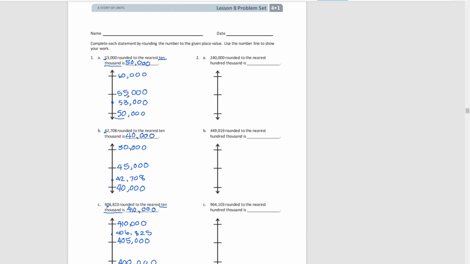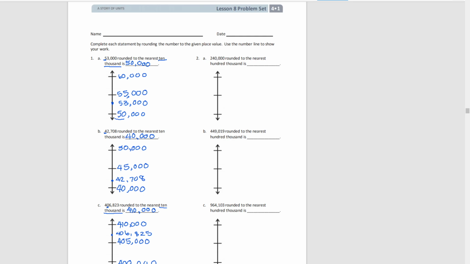Okay, we're going to go back to the top now to 2A, and notice this time you're rounding to the 100,000s place. So pause the video and try 2A. Okay, for 2A, we're rounding to the 100,000, so we have 200,000. The next highest 100,000 would be 300,000.